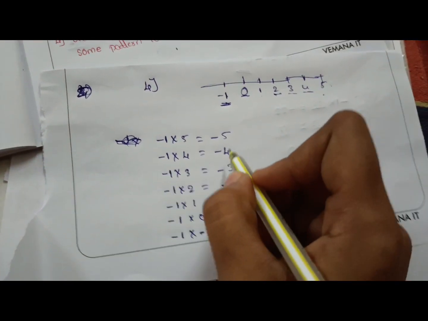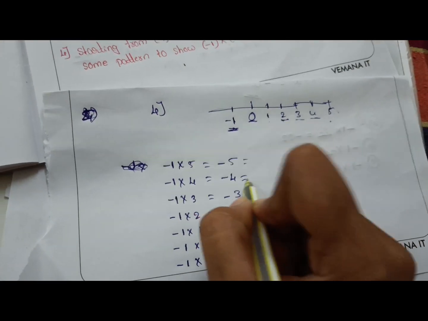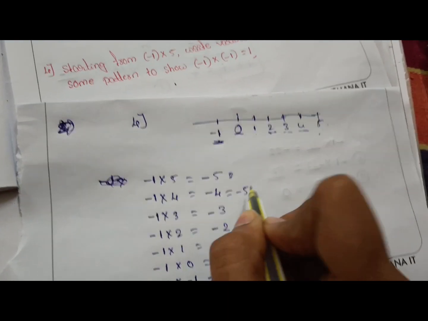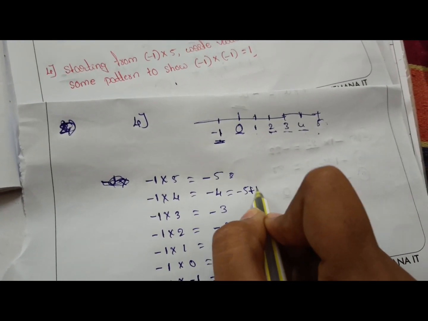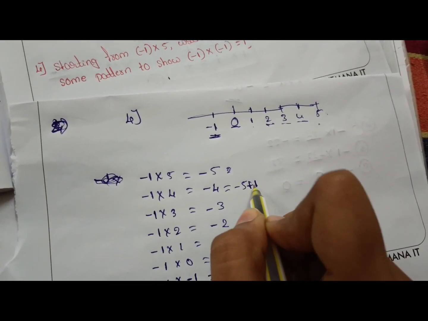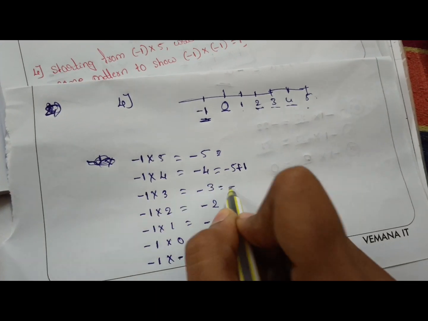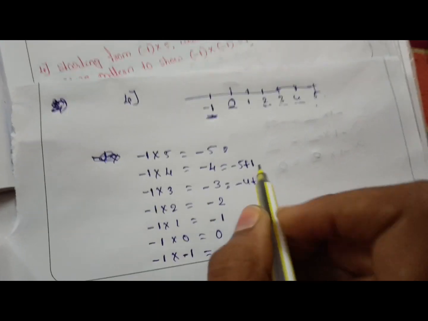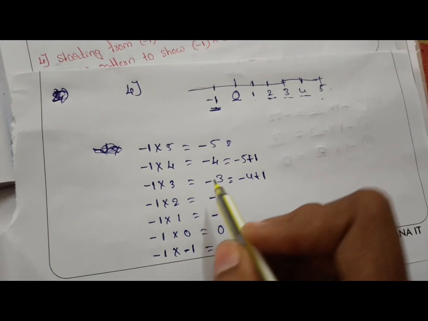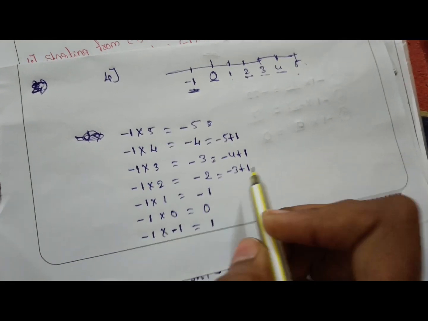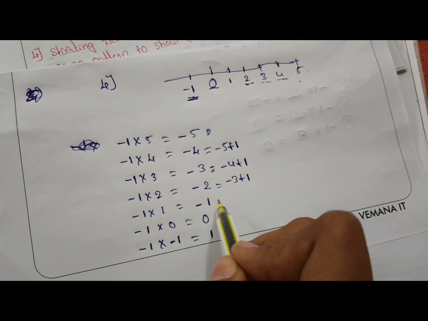See here, for minus 5 we have to add one number. This is plus 1. Minus 5 plus 1 is equal to minus 4. For minus 4 we add one number. Minus 4 plus 1 is equal to minus 3. Like that, minus 3 plus 1 is equal to minus 2.